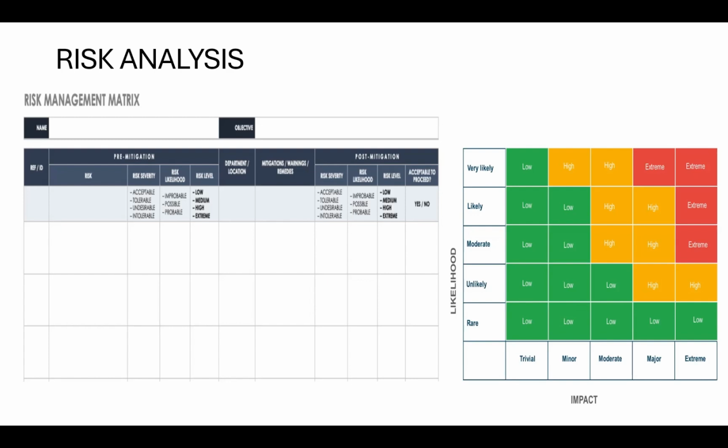We also put the risk level, how low or high it is. We have the risk owner or the department. Where is this risk residing? So if the risk is coming from budget, release of funds, it will reside in the finance department. We'll know the person that is the owner of that risk. Then we'll now come to the mitigation. How do we mitigate it?